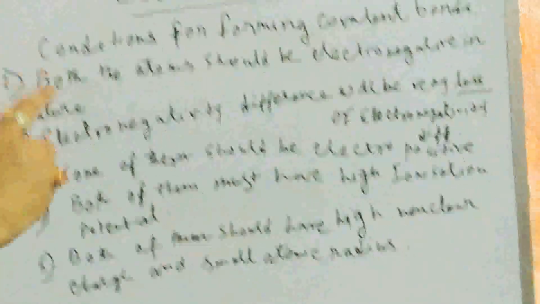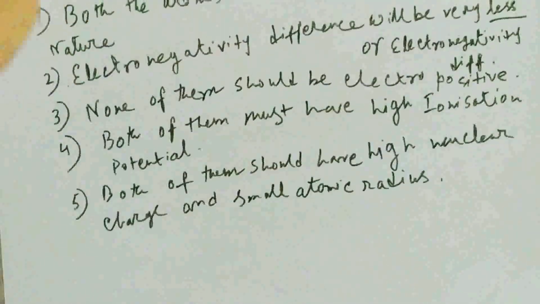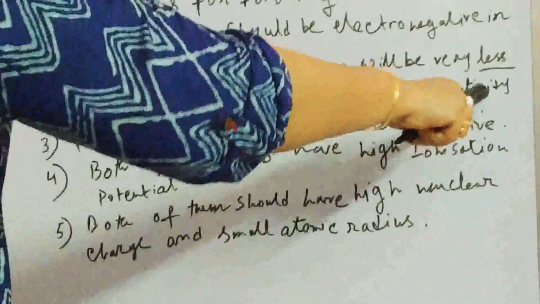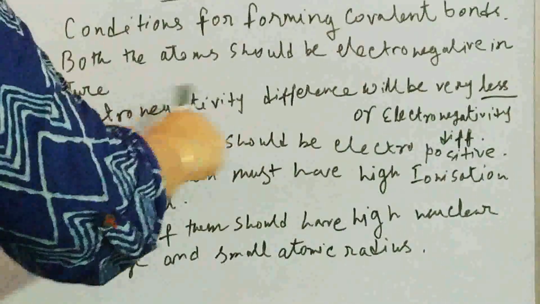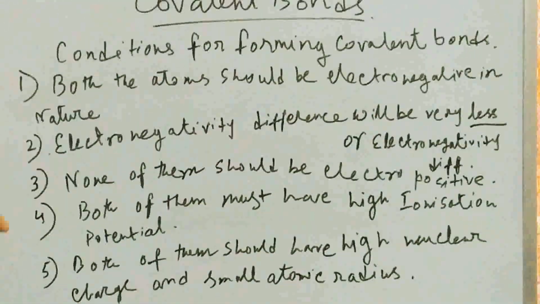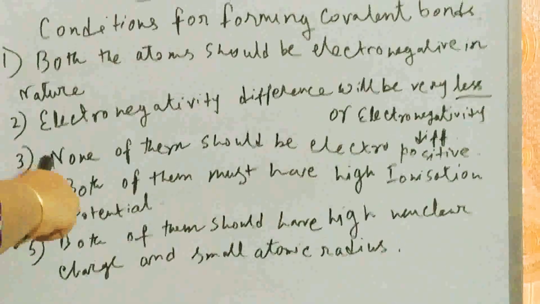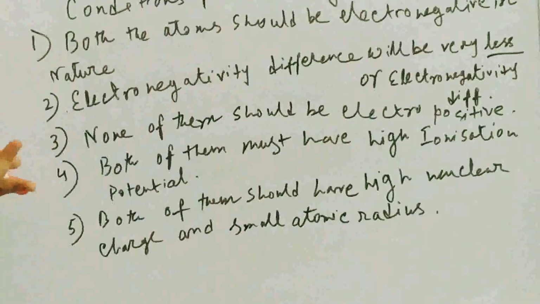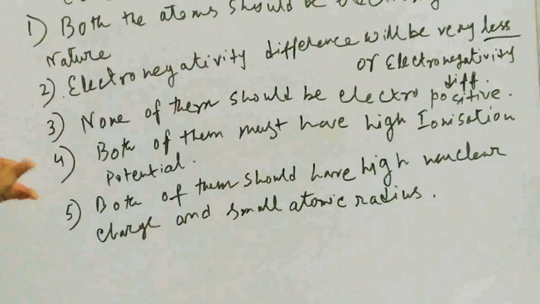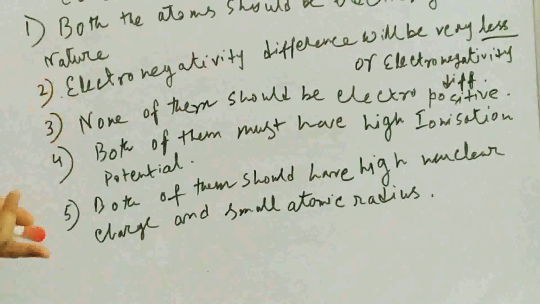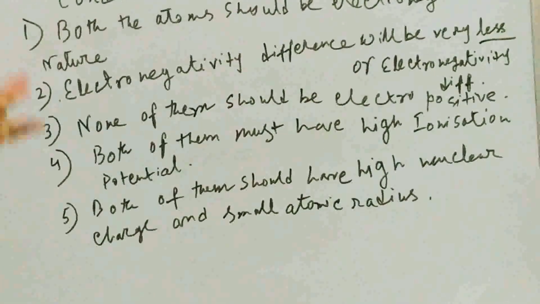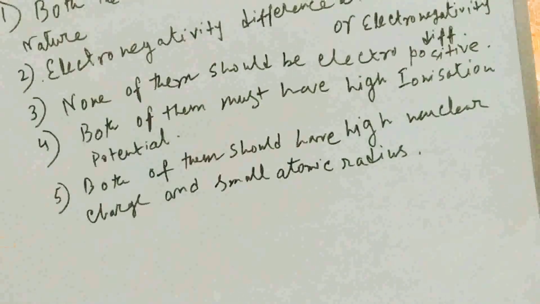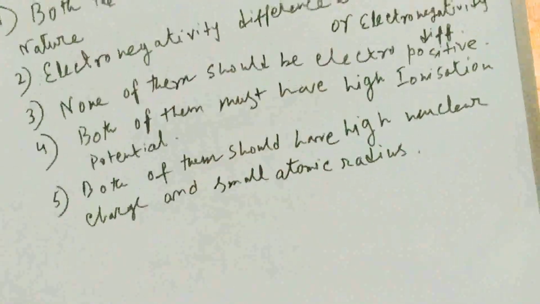They must have the same type of electronegativity or very less electronegativity difference between the two. None of them should be electropositive. If the question of electropositivity comes, then only the transfer, donation, losing or gaining of electrons will happen. Then electrovalent bond will occur instead of covalent bond.